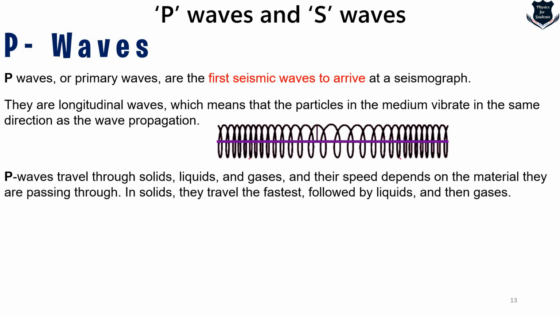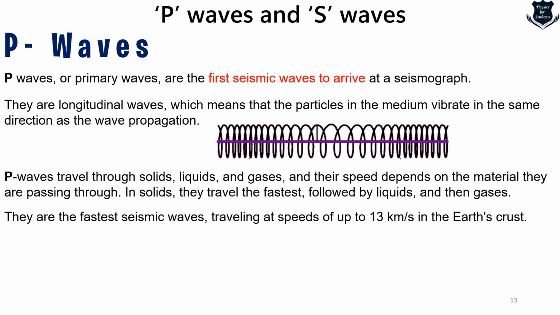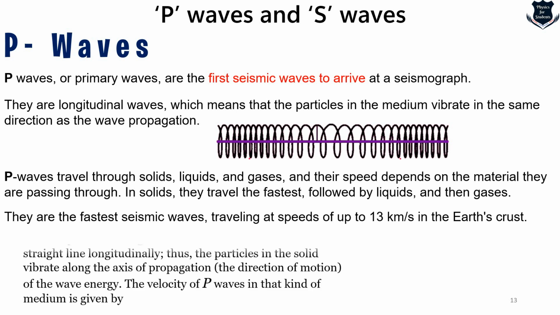P waves travel through solids, liquids and gases, and their speed depends on the material they are passing through. In solids they travel the fastest, followed by liquids and then gases. They are the fastest seismic waves, traveling at a speed of 13 kilometers per second.